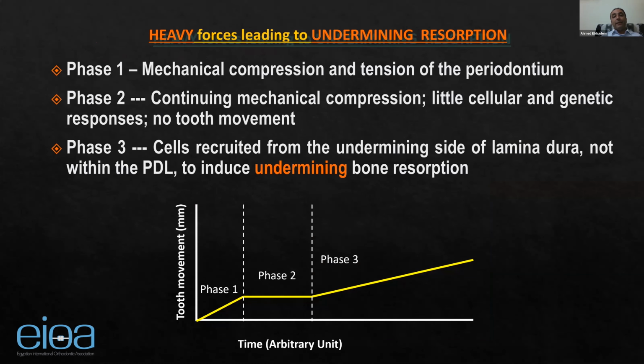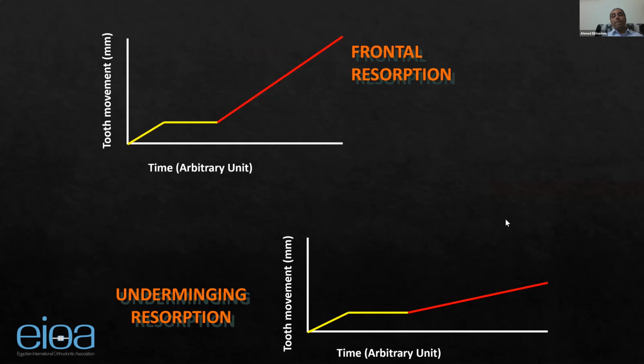So in the phases of tooth movement using heavy forces, there's a mechanical phase, but there is a longer cellular activity phase and slower tooth movement. If we make that comparison, we know that tooth movement begins at an earlier phase than with undermining resorption, or heavy forces. So can we actually have light forces in all our orthodontic treatment?